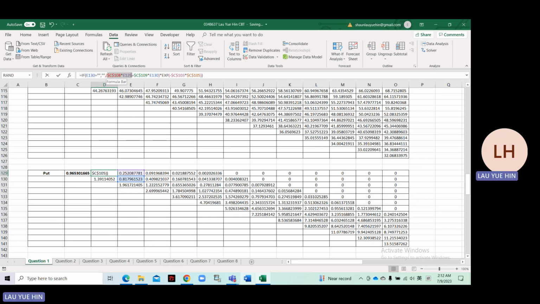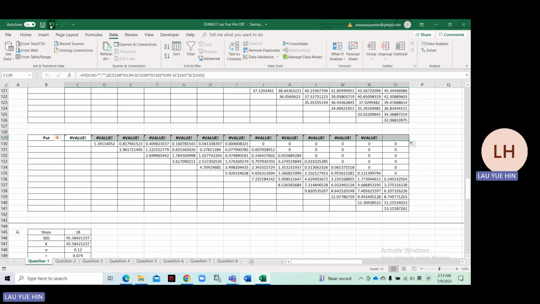next value going upwards times P star plus the next value going downwards times 1 minus P star, times exponential negative R times H. So to get the put option, I'll drag everything from here to here, except the last column.